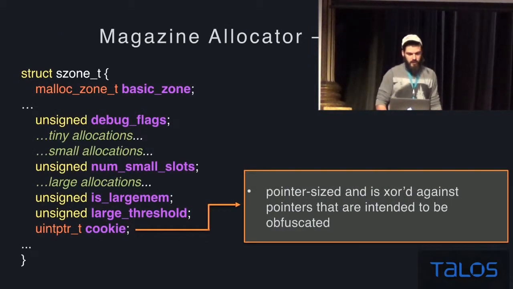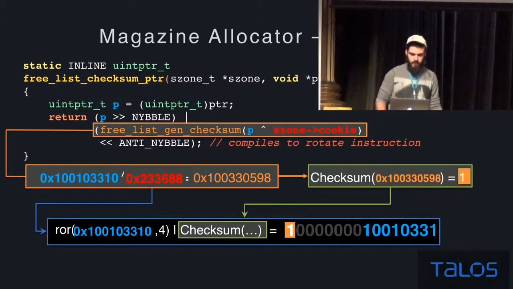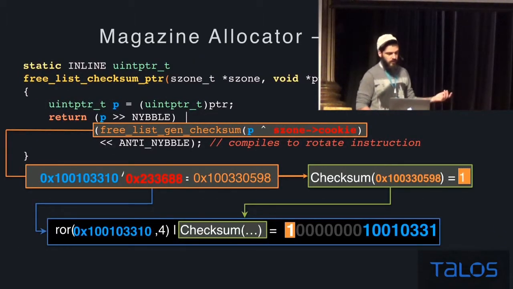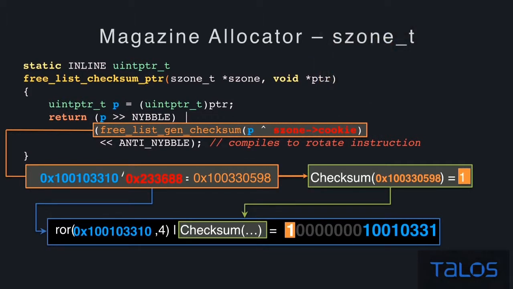Okay, so this is the szone_t sitting inside of a zone. An interesting thing here is the cookie itself. What the cookie does is you take all pointers that are going to be on the free list and you XOR them with the cookie. You then run it through a checksum function, and that gives you a checksum that you put as the top byte of your free list pointer, which is now a checksum cookie.